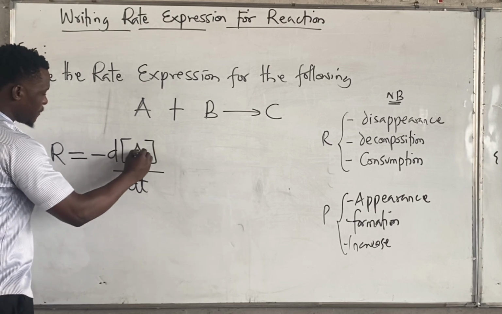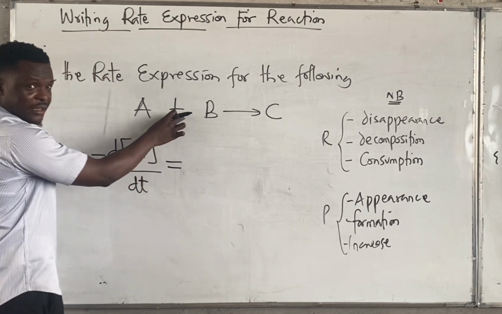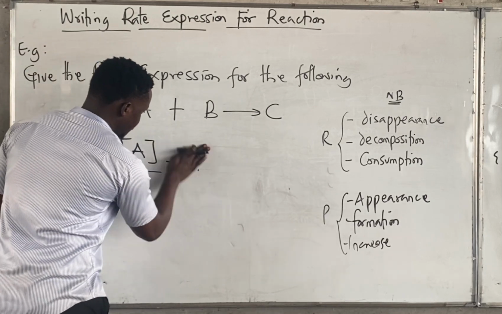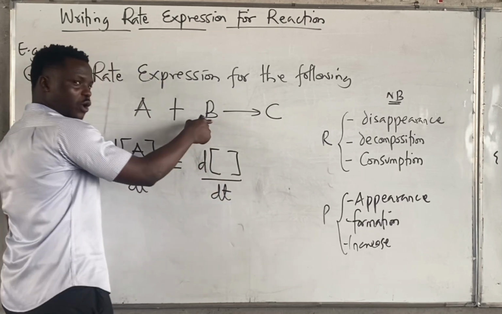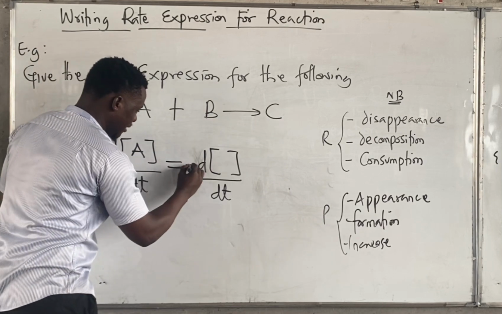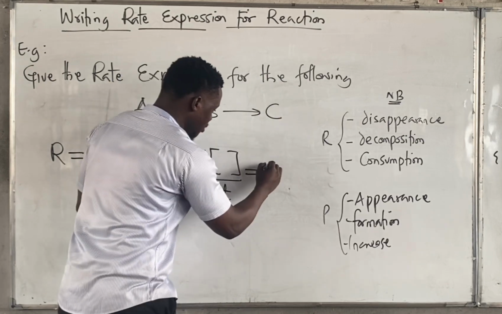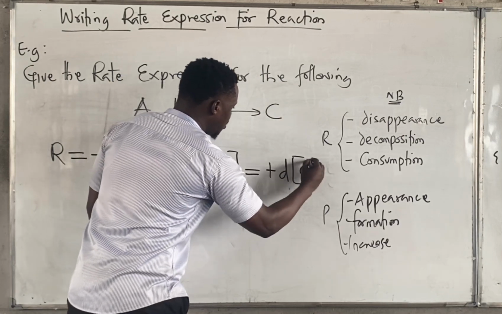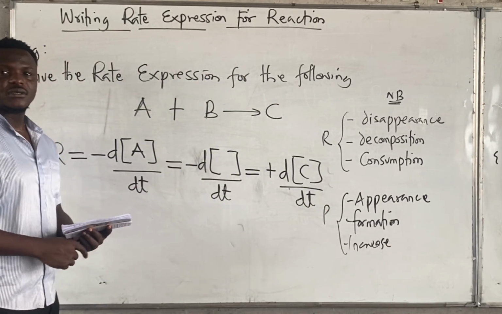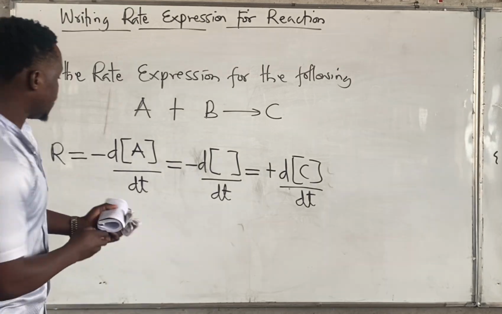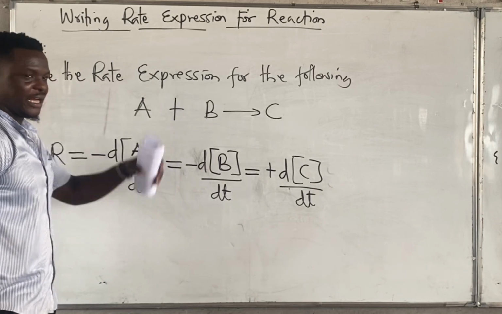This is going to be equal to, regardless of the fact that there is plus here, minus change in B over change in T. This B is also a reactant, so I put minus here. Now equals to, this C is on the product side, so you put plus. Why do we put minus here? Because reactant is always decreasing and product is always increasing. So this is the rate expression for this reaction.